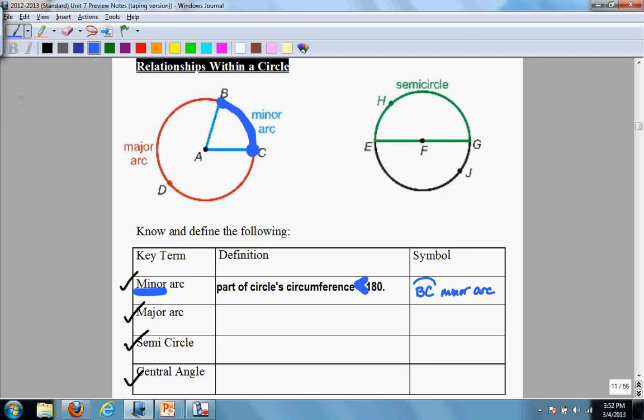Now a major arc is going this way. Start at B and sweep it all the way around. That's a major arc, what I just traced. You trace it. Start at B, sweep past D, and go to C. That's called a major arc.